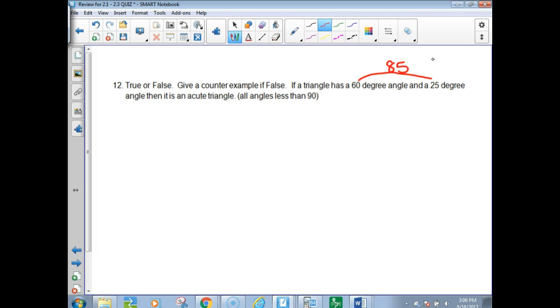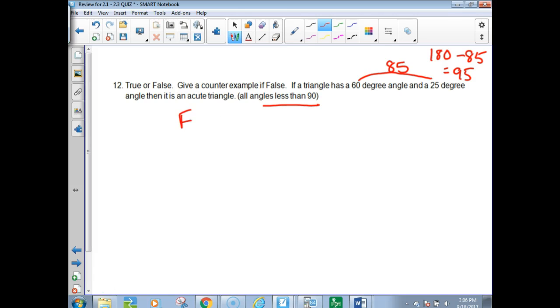So if that's 85, it'd have to be what? How would I get it? Take 180 and take away 85, and you were right. You got 95, right? Okay, now, if it has to be 95, is that less than 90? No.